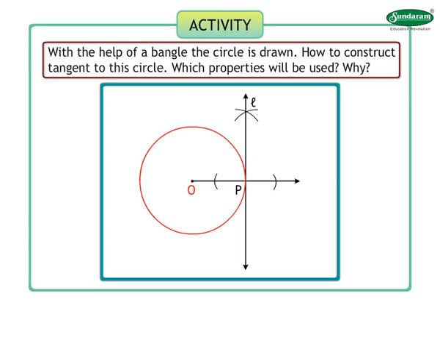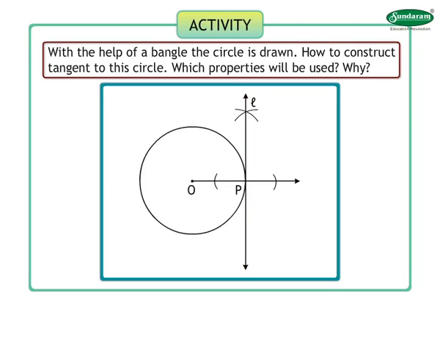Now take any point P on the circle and draw ray OP. Draw the line L perpendicular to ray OP at the point P. Name that line L. Thus, we have constructed tangent to this circle.